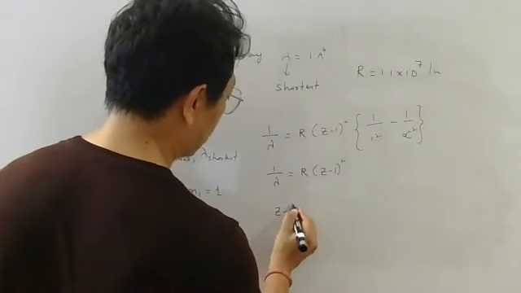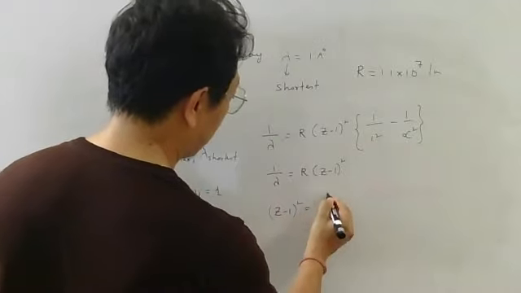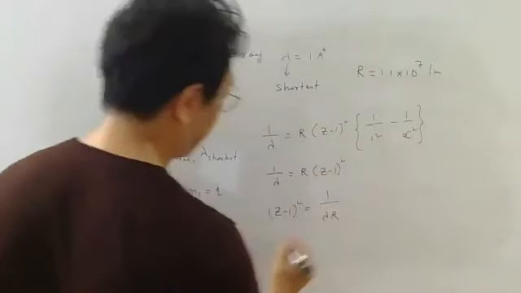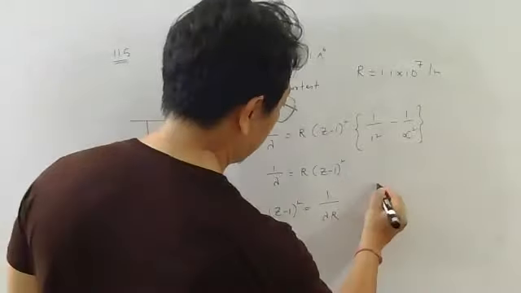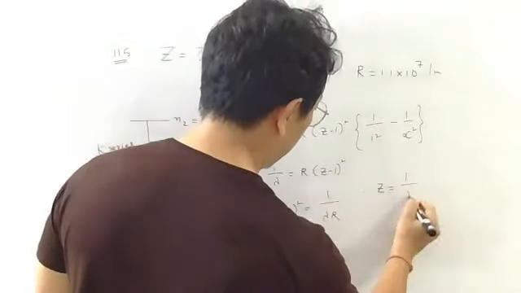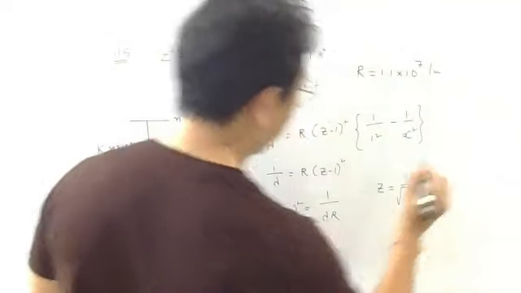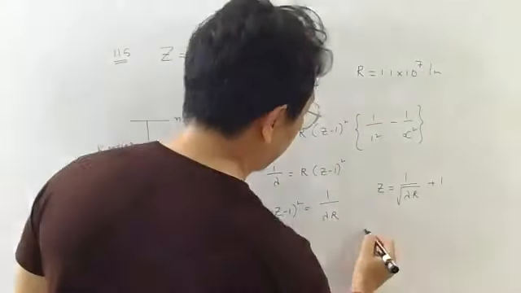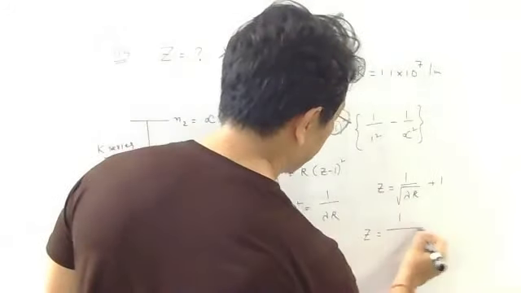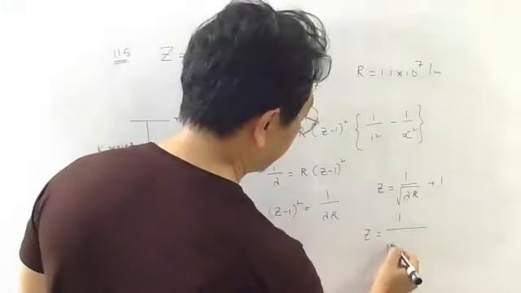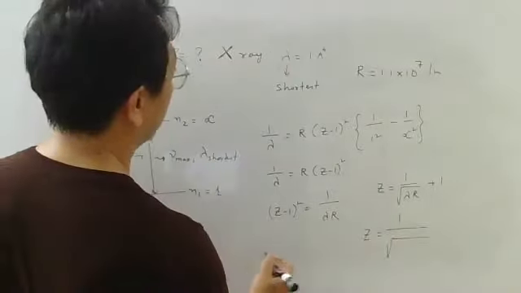So Z minus 1 square will be what? 1 by lambda R. So Z minus 1 will be, Z will be what? 1 by lambda R under root plus 1. Can you calculate, guys? Lambda is 1 angstrom.